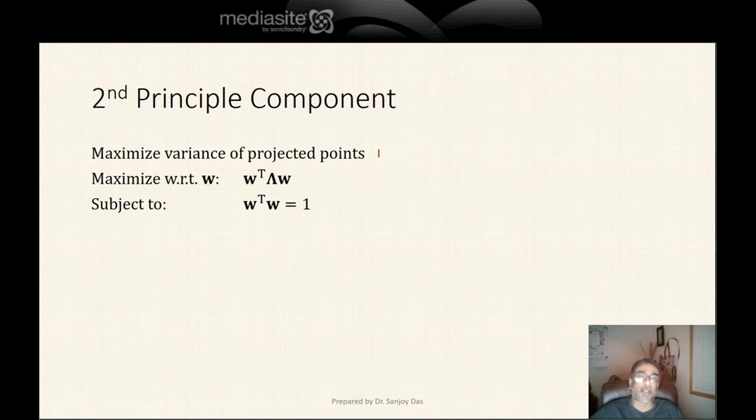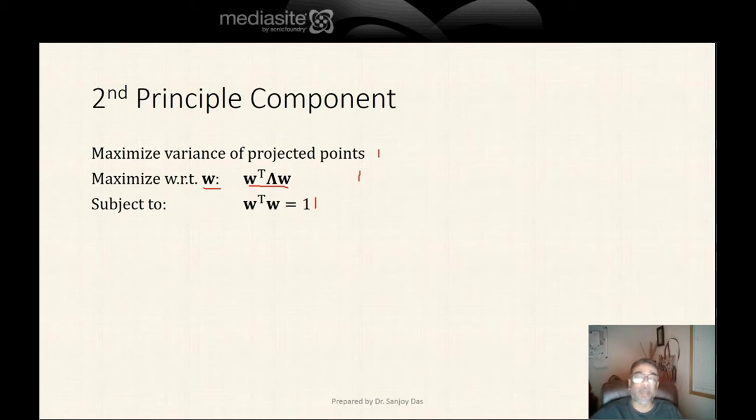So the constraint optimization problem is the same as before. We have to maximize with respect to W the variance of the projected points, which is W transpose lambda W, subject to the constraint that W transpose W equals 1.